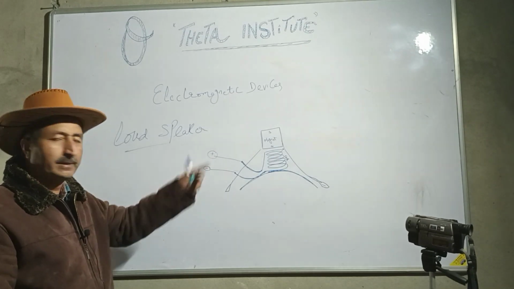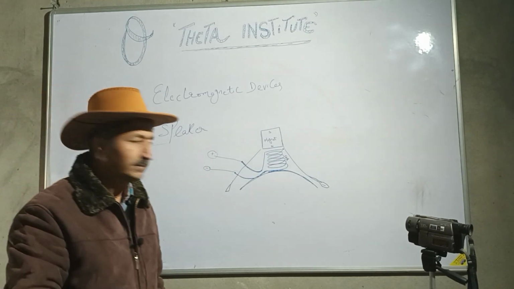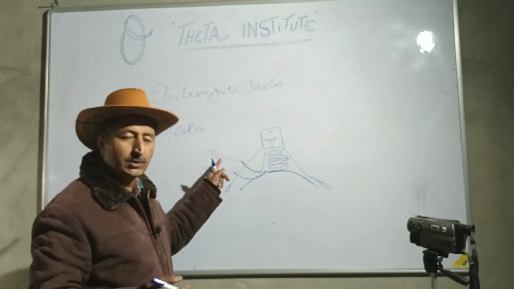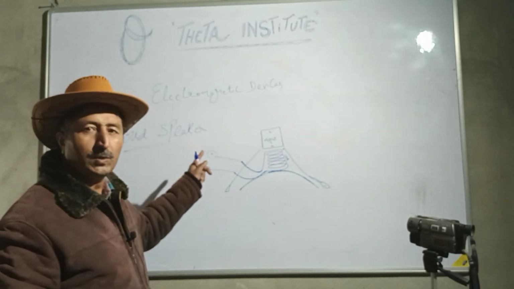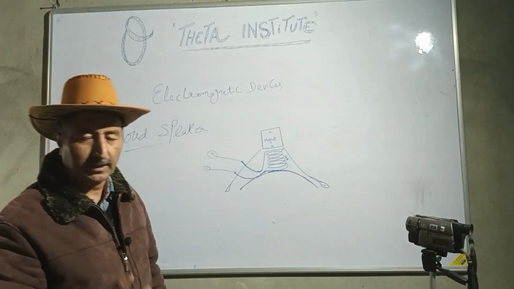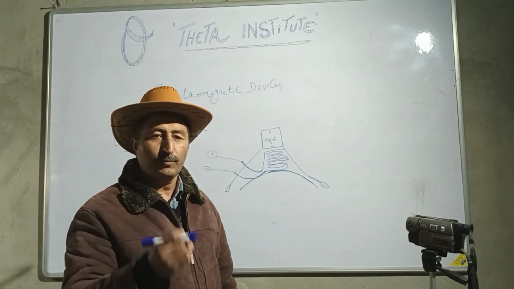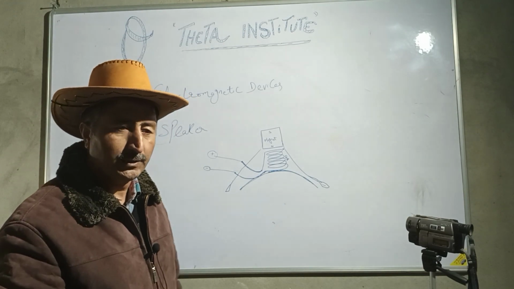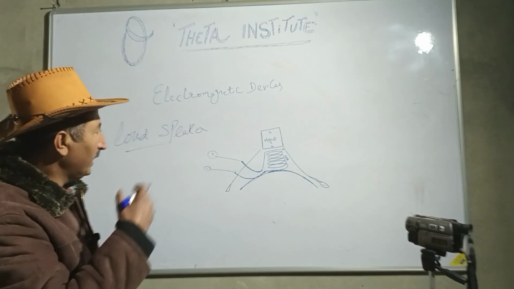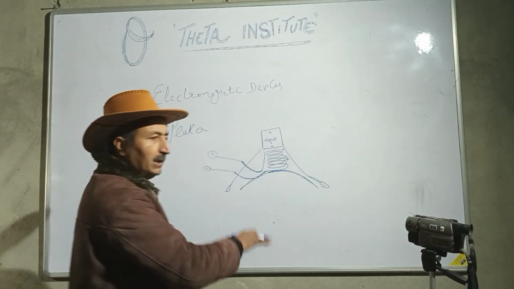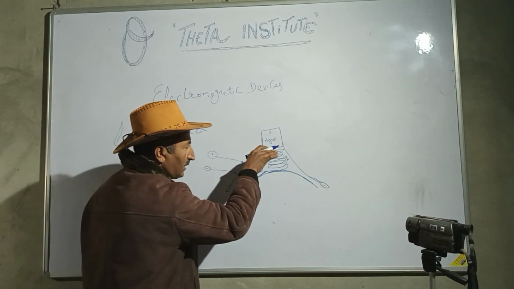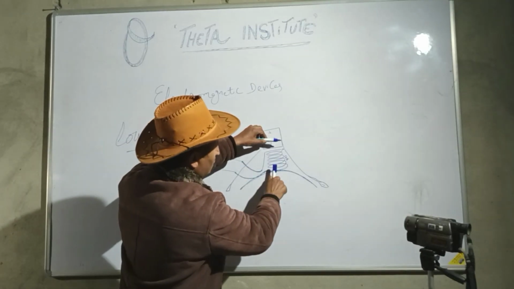If we give an alternating current or a signal, this point does not remain positive for all times. It keeps changing according to the signal: positive, negative, positive, more negative, less negative, and accordingly the coil vibrates.